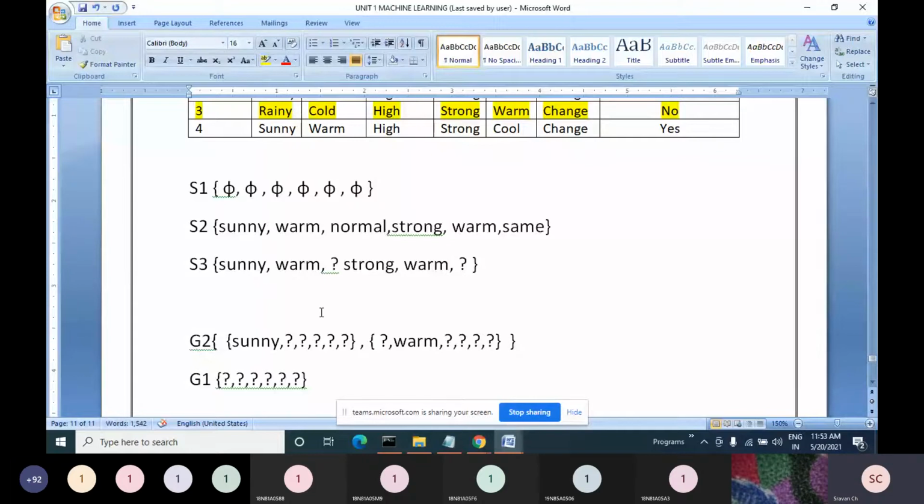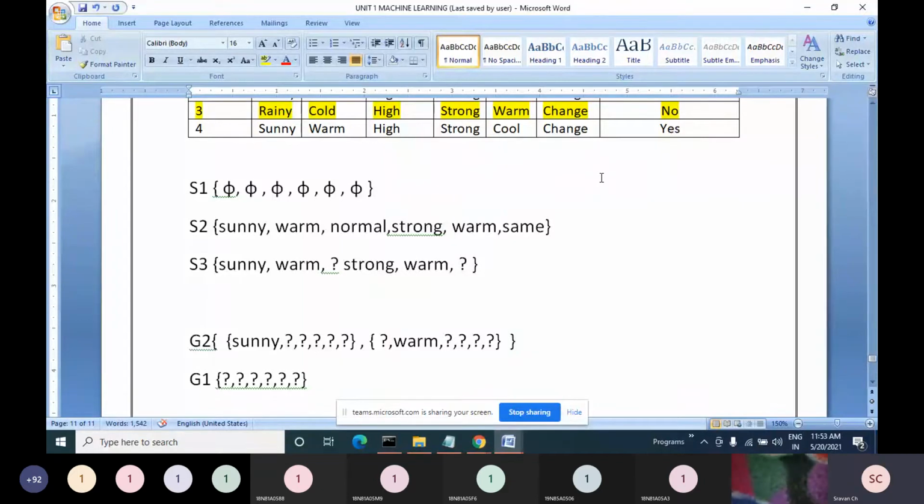Now this is my updated most generic hypothesis. In G1 I had all question marks, whereas in G2 I got two hypotheses based on this negative example. So 3 rows completed. Now I should go to the 4th row, 5th row. This process has to be repeated on all records.